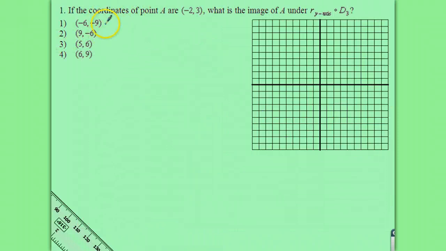All right, moving on. Let's try this example. If the coordinates of point A are negative 2, comma 3, there's A. What is the image of A under a composite of reflect over the x-axis after a dilation of 3? So remember, what's right is first. Dilation of 3 first, so times 3, and then we get negative 6, comma 9. This is A prime.